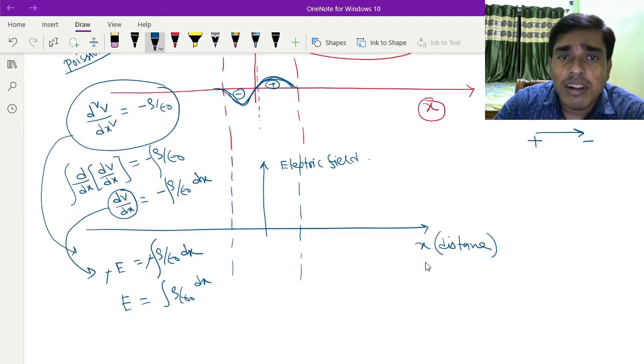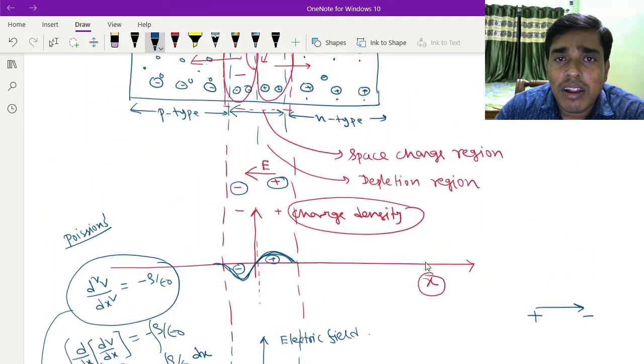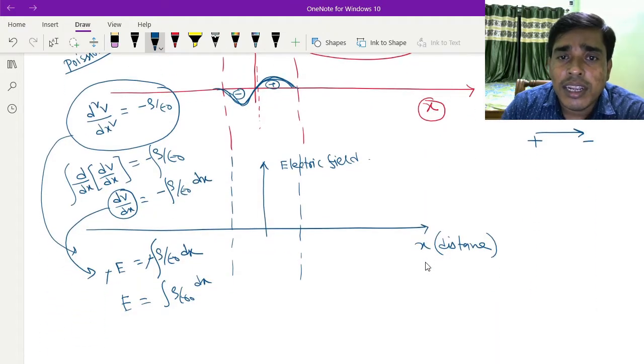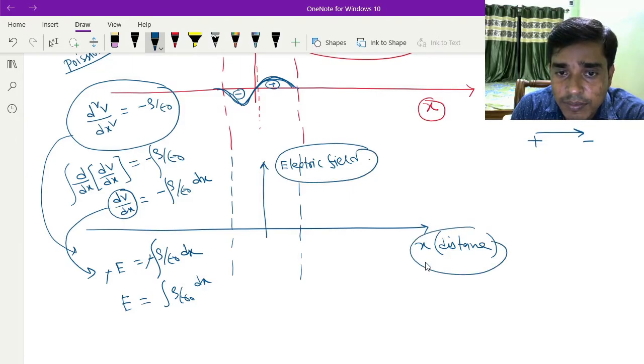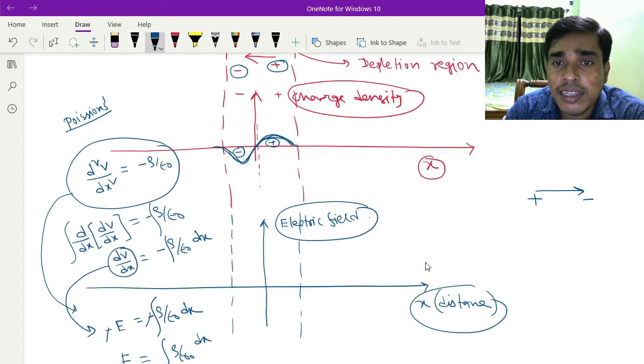Now I draw a curve between electric field and distance. How does this electric field change? Here you see the direction of the electric field is in this way, from the n side to the p side.